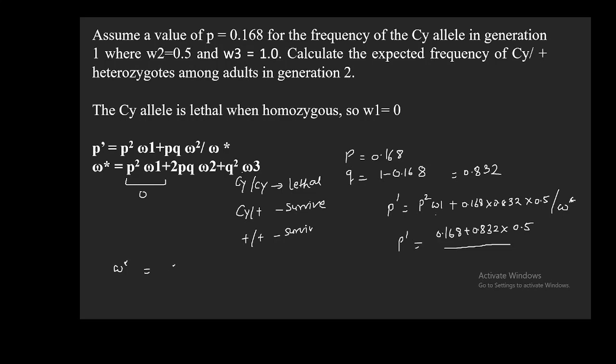So we will calculate 2 into 0.168 into 0.832 into omega 2, which is 0.5, plus 0.832 square into omega 3, which is 1.